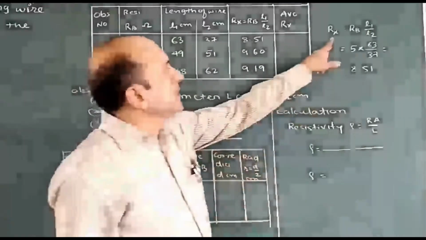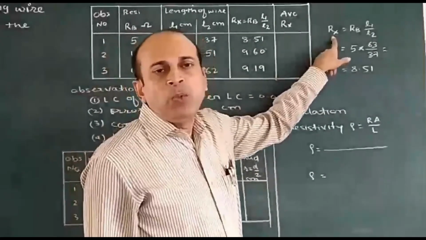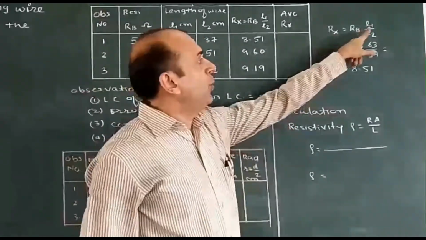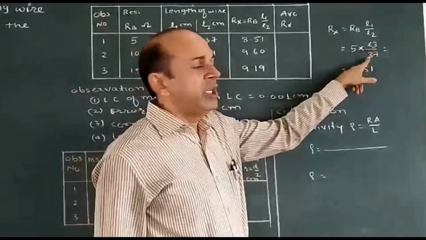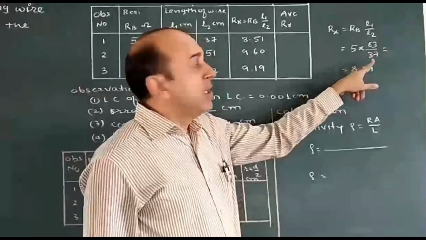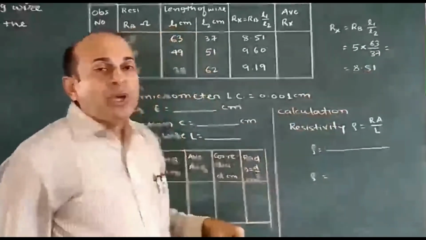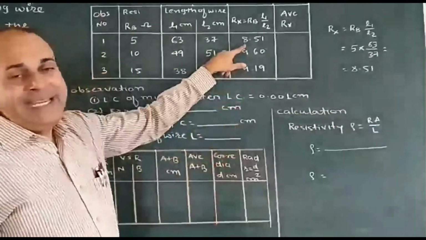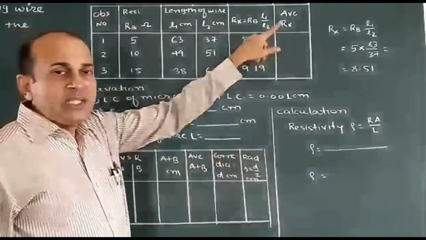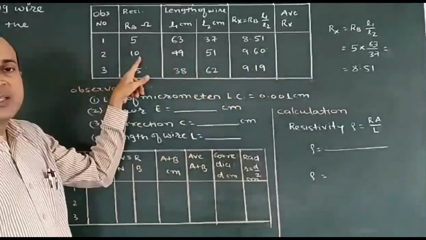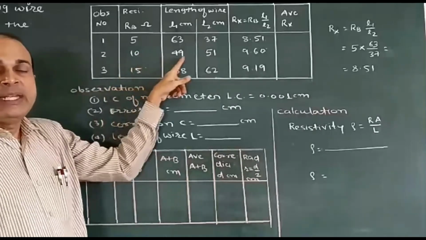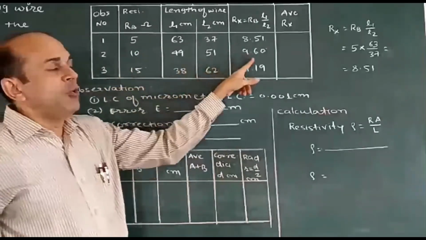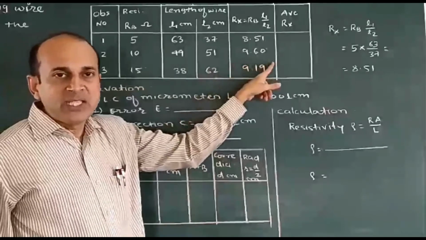Now using this formula, Rx is equal to RB into L1 by L2, that is 5 into 63 dividing by 37. The value of the unknown resistance we get is 8.51. Similarly, you can find the resistance by the second calculation: 10 into 49 dividing by 51, the value will be 9.60.